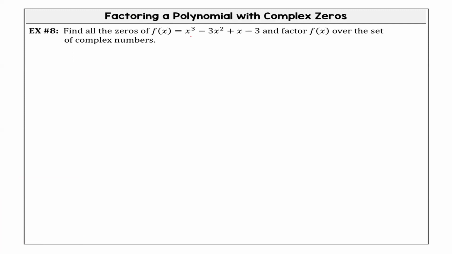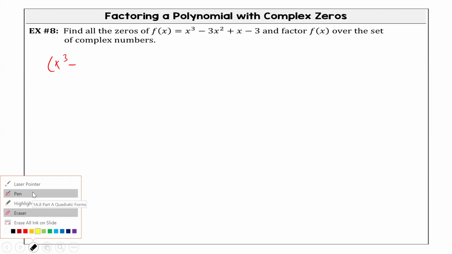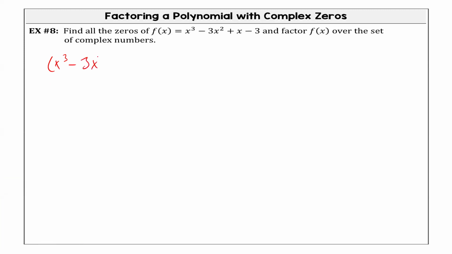Grouping means that you're going to take your first two terms and find their GCF, take your second two terms and find their GCF. So we have x cubed minus 3x squared plus x minus 3.